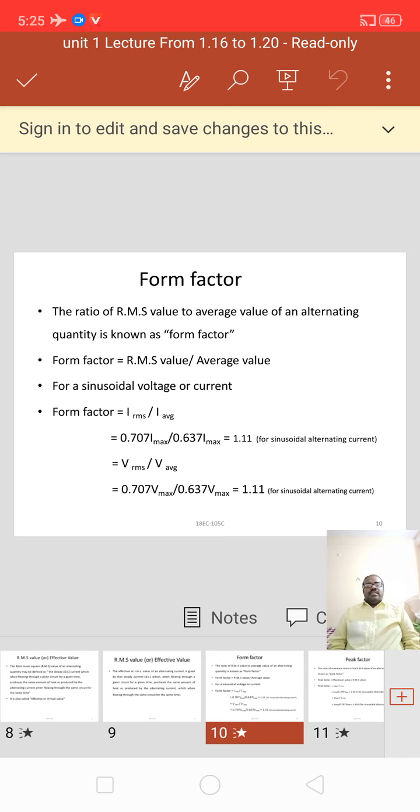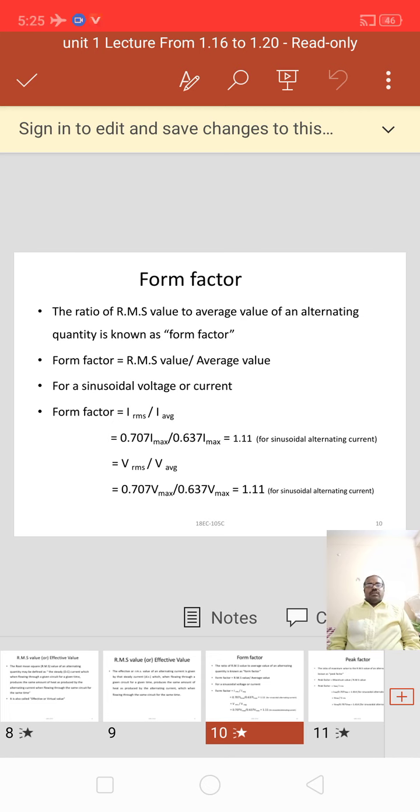For sinusoidal alternating voltage we have form factor equal to V RMS by V average, that equals 0.707 V max by 0.637 V max, which equals 1.11 for sinusoidal alternating voltage.